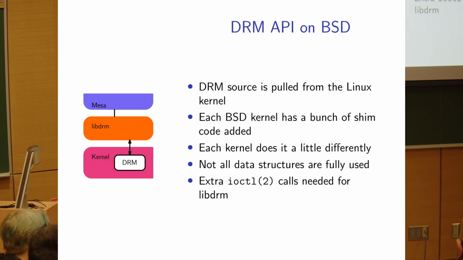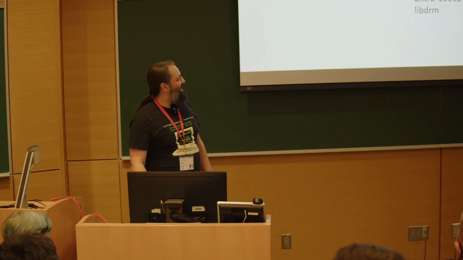There's a shim of code that wraps around the Linux portion of the drivers to adapt it to how a device driver in a BSD kernel works, which means that you get this funny thing where if you're going through the DRM code, there's a lot of traps where you'll have a structure that's the exact same as the one in Linux, but we don't use all of the members of it. Some things are just not going to be set; they'll be null and can't be tracked through. And you just kind of got to be aware that that pitfall's there if you're looking at that code.